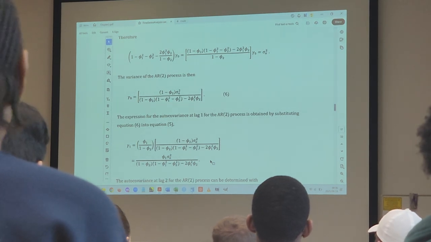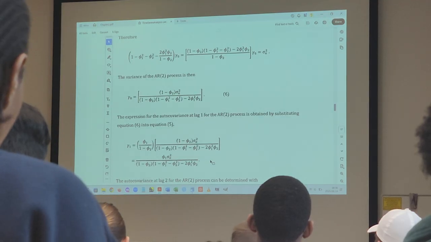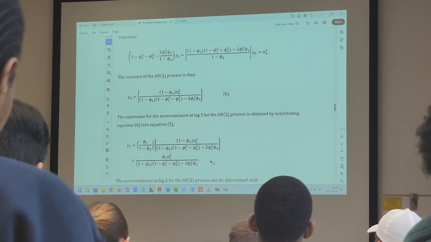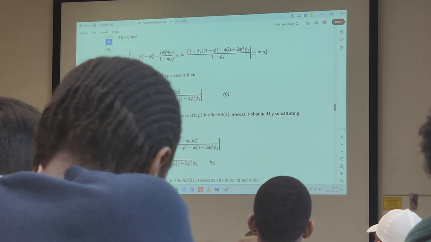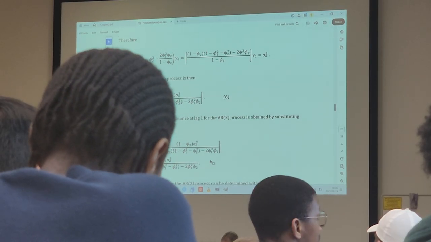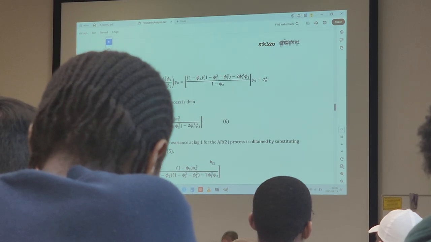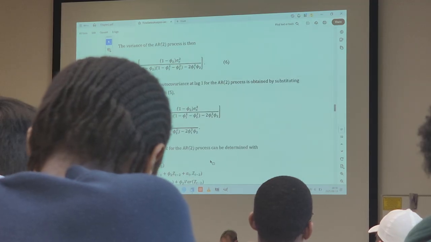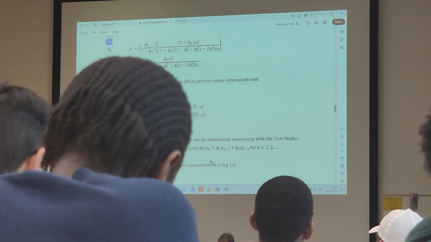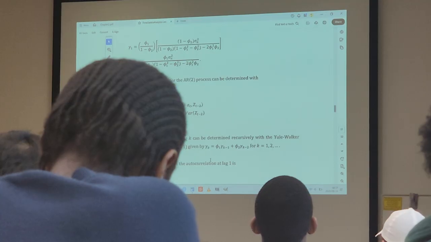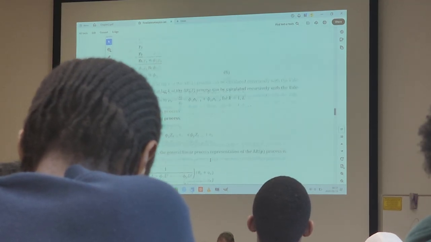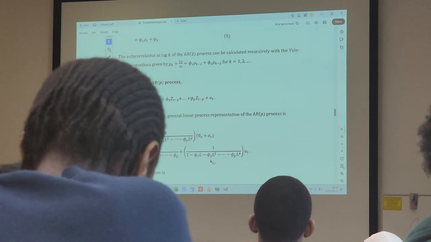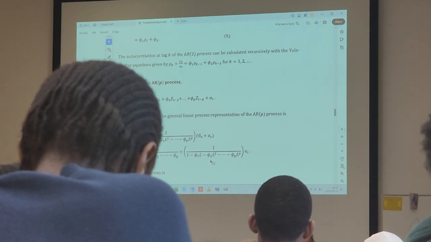What I sometimes do is I say, given that gamma 0 equals, show that gamma 1 equals, and I ask just part of it, for 5 marks, something like that. From lag 2 onwards, you calculate them recursively, and then the autocorrelations as well. So that's the autoregressive formula.